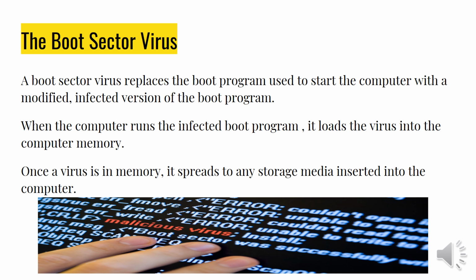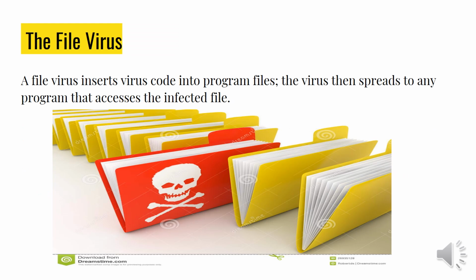When the computer runs the infected boot program, it loads the virus into the computer memory. Once a virus is in memory, it spreads to any storage media inserted into the computer. A file virus inserts virus code into program files. The virus then spreads to any program that accesses the infected file.